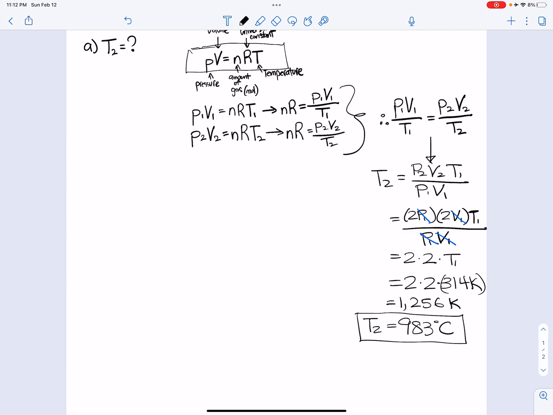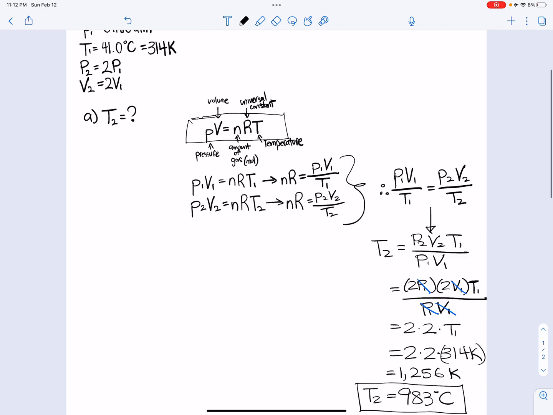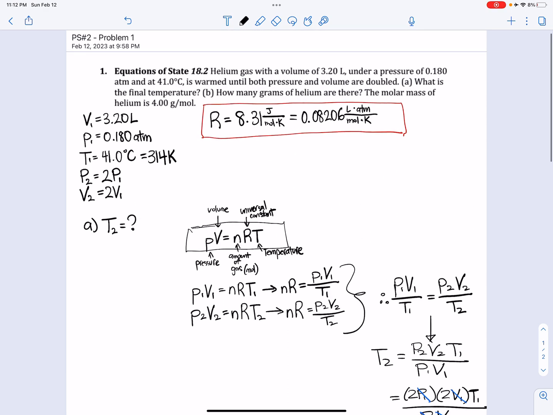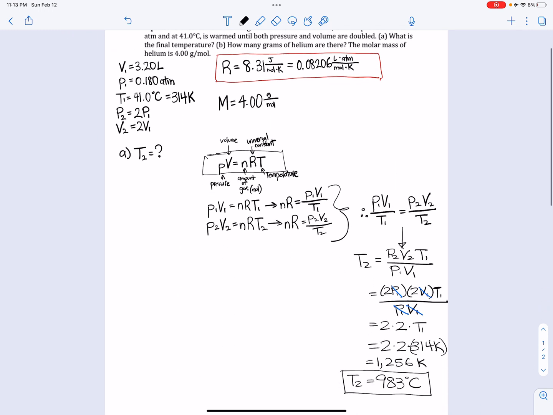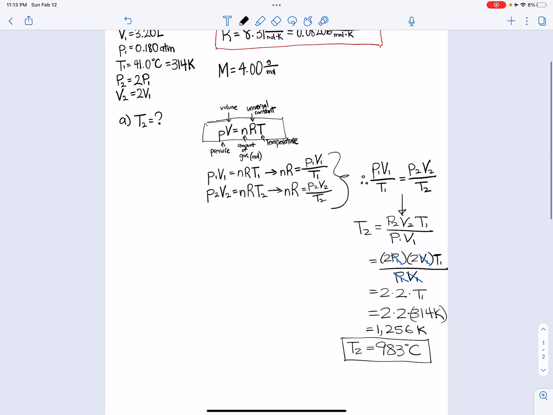All right. Now for part B, the question is, how many grams of helium are there? And we were given the molar mass as being 4.00 grams per mole. So for part B, we're looking for mass.